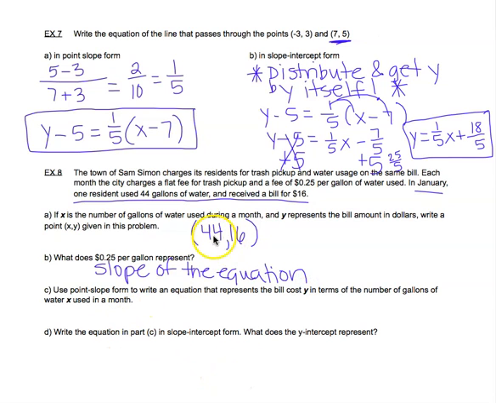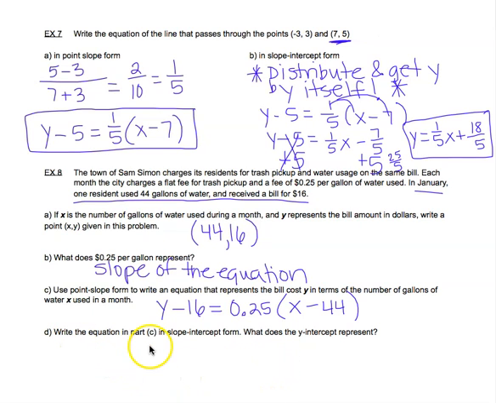So now I have a point, I know the slope, so now I can write my equation in point slope form. So y minus y1, which is 16, equals my slope, which is 0.25, times x minus the x coordinate, which is 44.